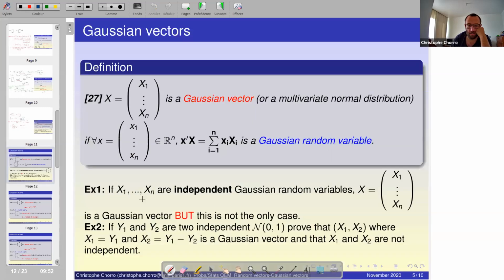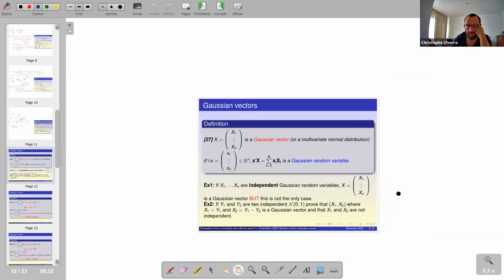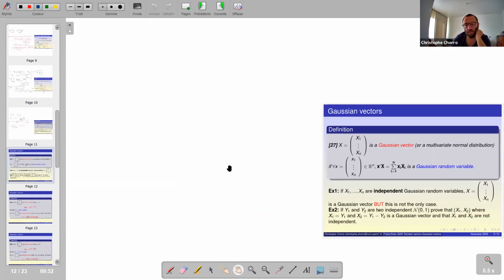So let's continue with two little exercises, or examples. I have my definition of a Gaussian vector here. There is a situation where it is very easy to obtain a Gaussian vector. It's example 1 here. Suppose that you have X1, ..., Xn that are independent Gaussian.